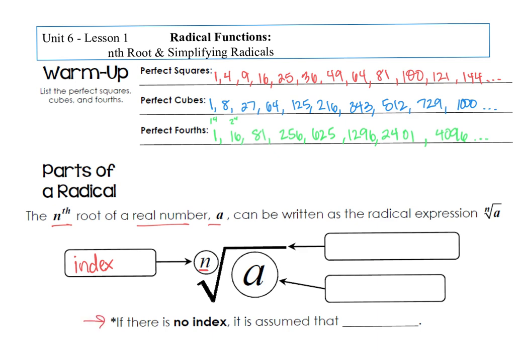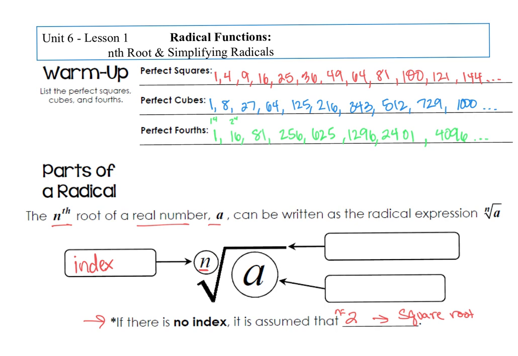It says if there is no index, assume that it is 2, or n equals 2, which means it's a square root. So we don't have to put the 2, it's implied. Just like with variables, if it doesn't have a coefficient, it's a coefficient of 1 or an exponent of 1. For square roots, it's implied that it's an index of 2.